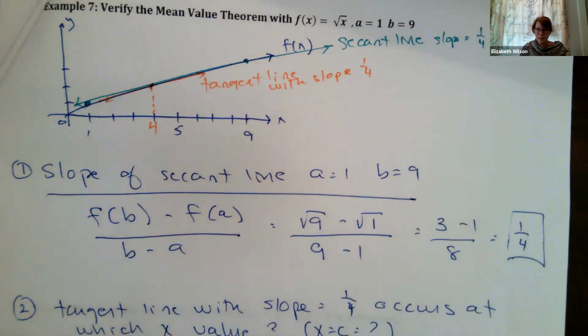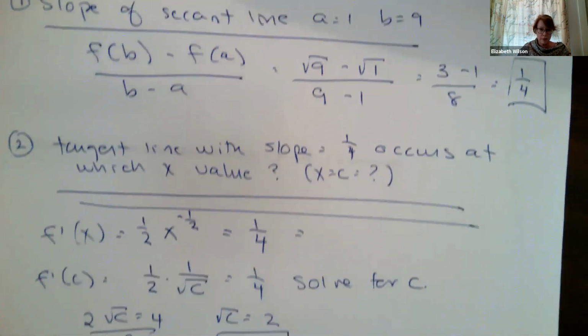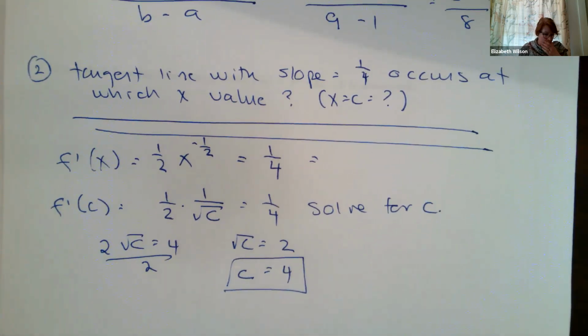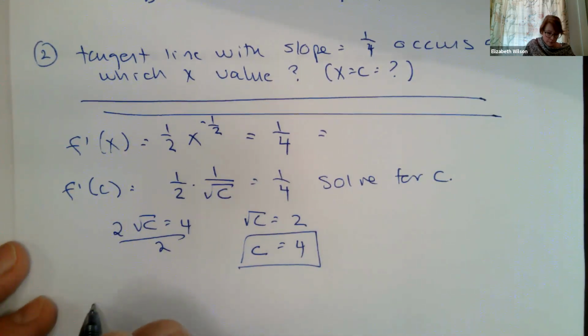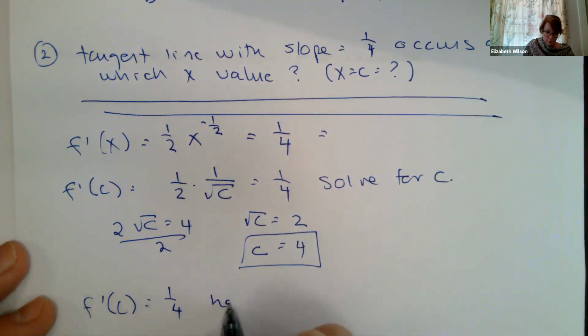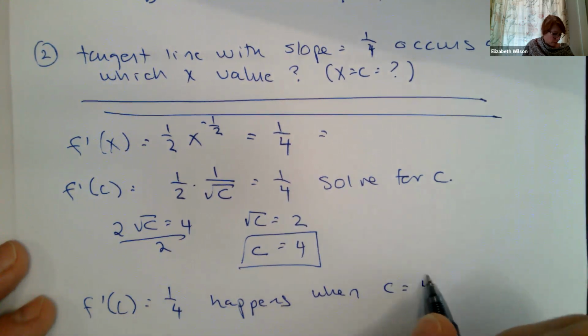It's hard to see on this graph, but those two, the green and the red lines, are parallel to each other. So my C equals 4. What this means is that f prime of C equals 1/4 happens when C equals 4.